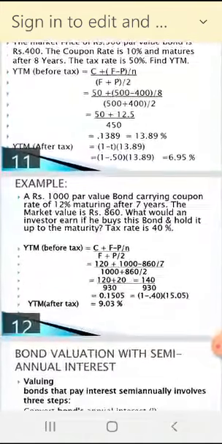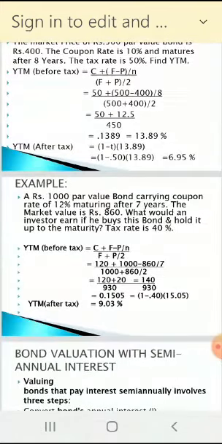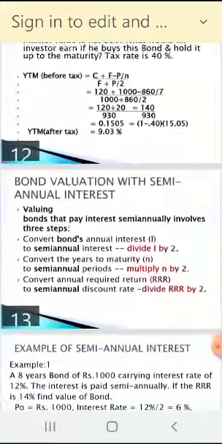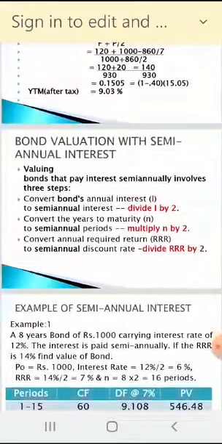2 examples we covered. Now we are coming to the new topic, that is bond valuation with semi-annual interest. Semi-annual means what? Semi-annual means they are making the payment of interest half yearly. Suppose we say a 12% bond of rupees 1000.